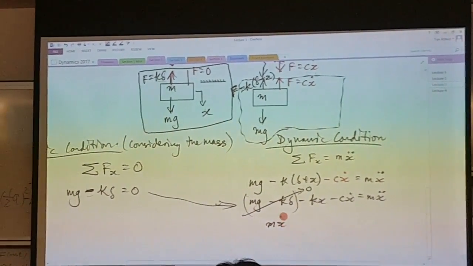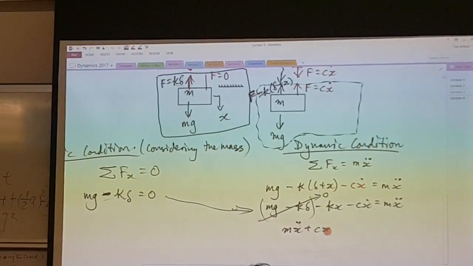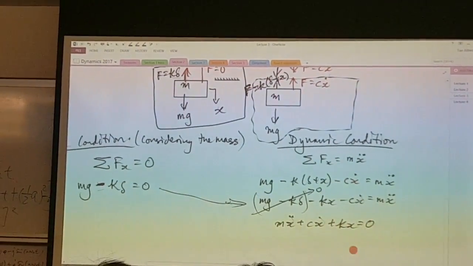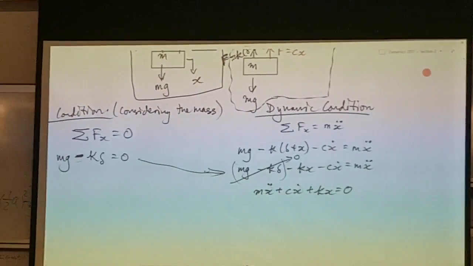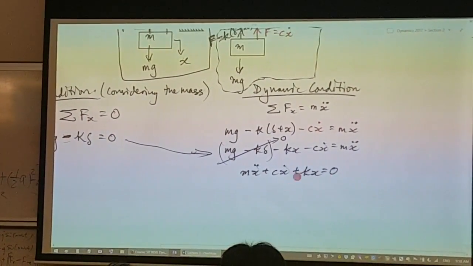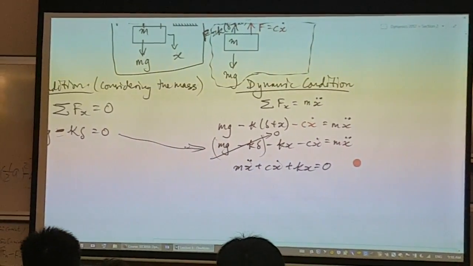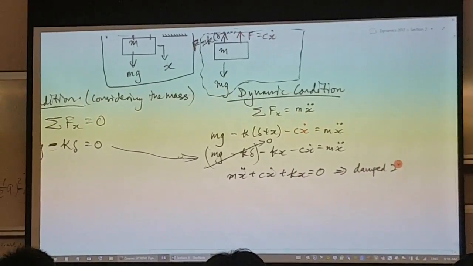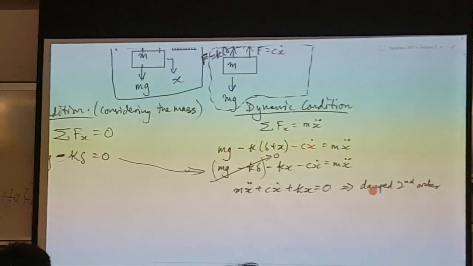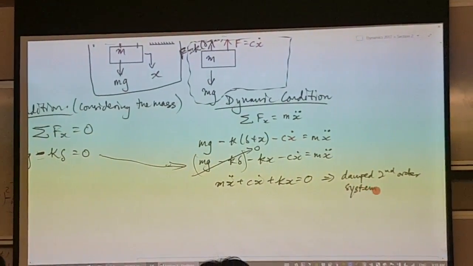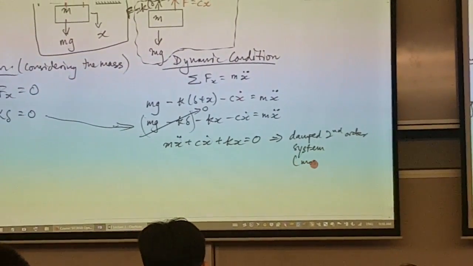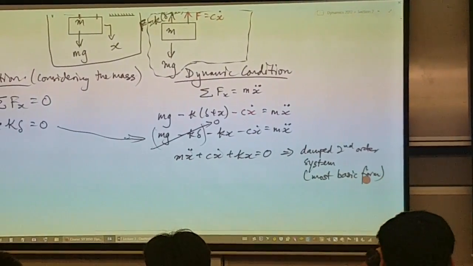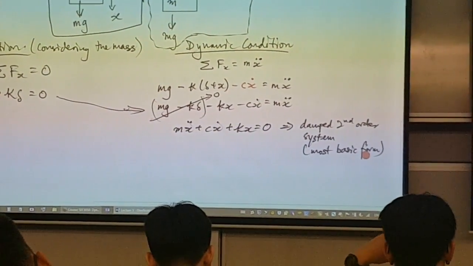There's mx dot dot plus cx dot plus kx equal to 0. This equation over here is what we call the second order system, and it is the most basic form of a second order system with damping.